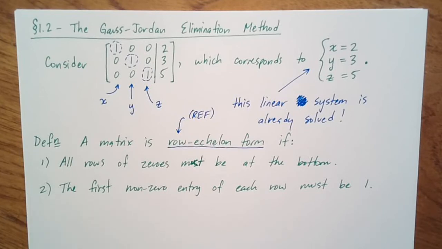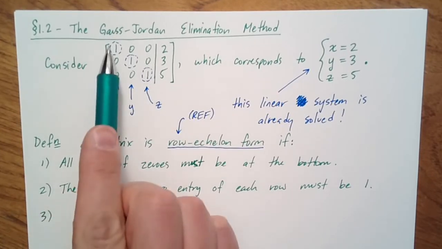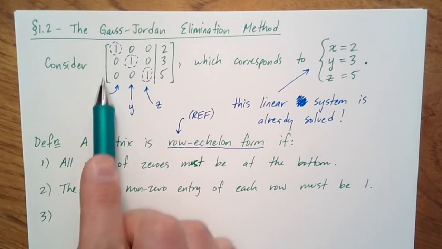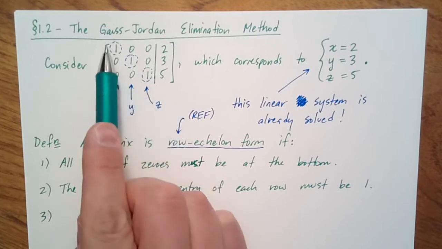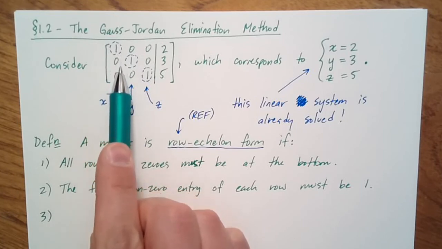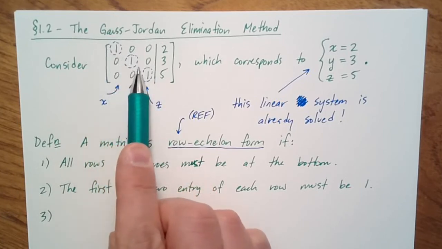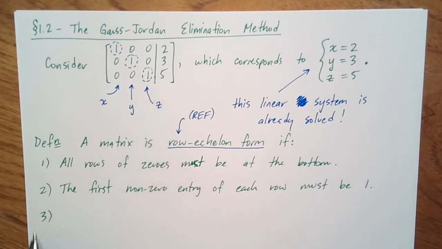And the third condition says, roughly speaking, that as you move down, the leading ones move to the right. If I were to trace a line under these leading ones, I would be forming a downward staircase to the right. That's really what statement 3 says.